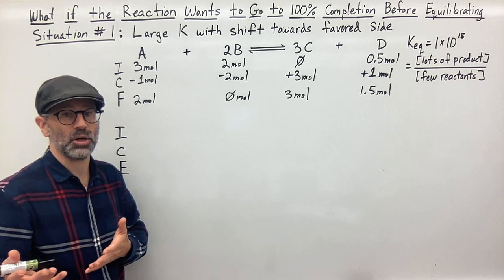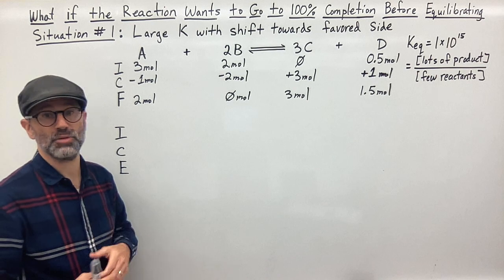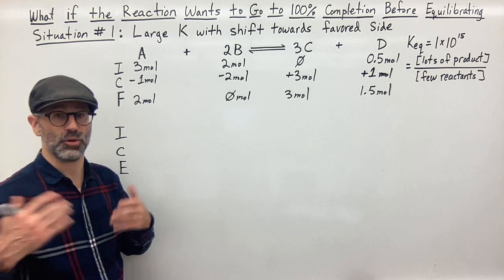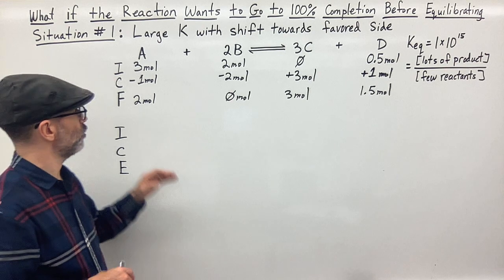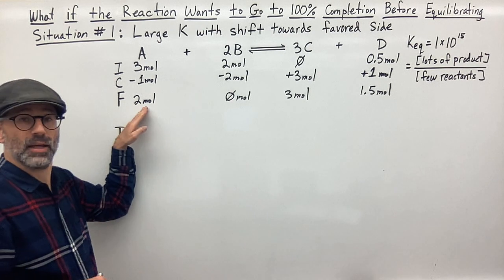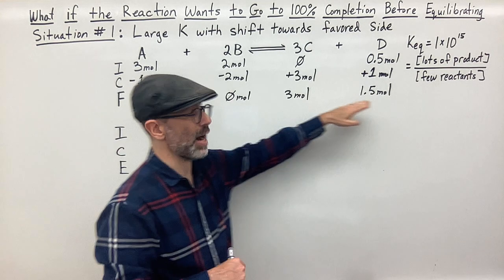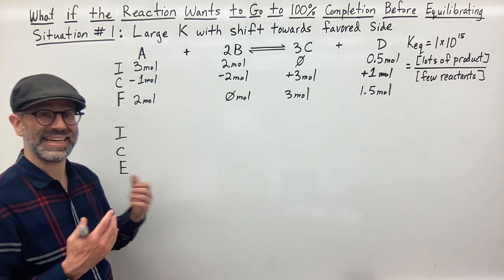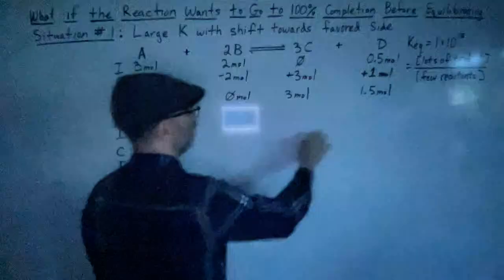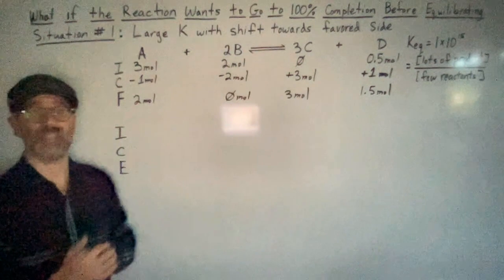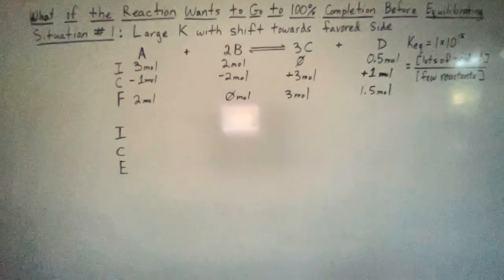In your problem, you might have 2 liters, 1.5 liters, 3 liters of solution, or whatever the volume is. You need to divide the moles here by the given volume in liters, so that way you can use those molarities as concentrations in your ICE table.